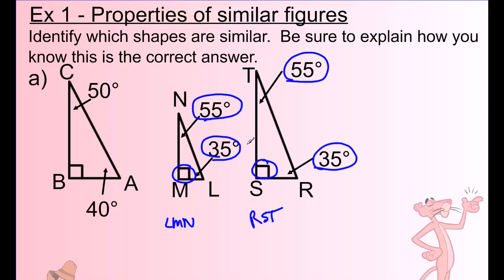Similar triangles or similar figures, don't even have to be triangles, always have the exact same angle measures. So we can tell right there, LMN and RST are similar, because they have the same angle measures. Their corresponding angles are congruent. They are the same measure.